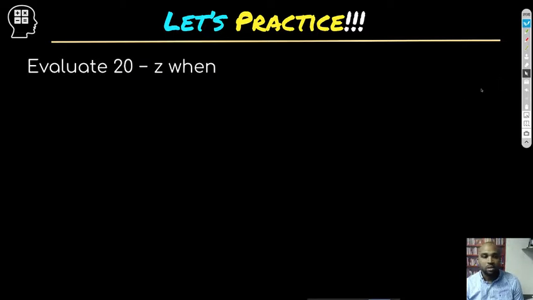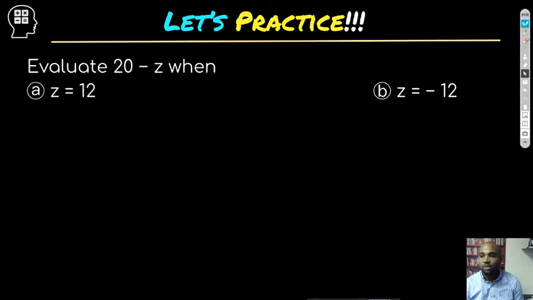And let's evaluate this. What if z was 12 and negative 12? So if z is 12, this is going to be written as 20 minus 12. Oh, that's pretty easy. That's just going to be 8. But what if it's 20 minus z? So this is our z. I like to put a line through it so you know it's z. But this time it's 20 minus whatever z is.